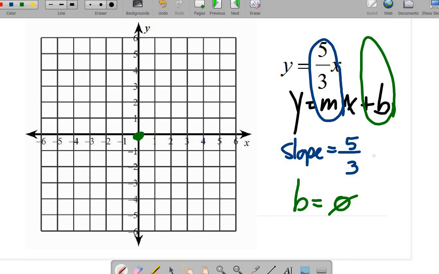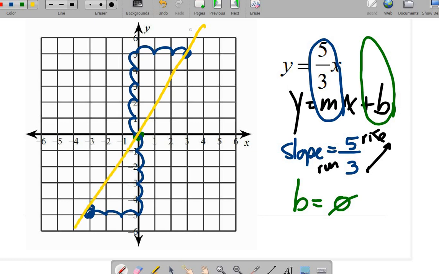It's a positive line, so I know it goes up from left to right. Rise over run. So my rise is 5. Run 3, or I could drop 5, run 3. Straight edge. That is y equals 5/3 x. Technically plus 0, but you don't have to write that down.